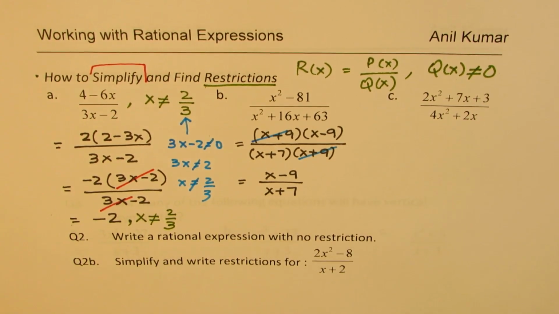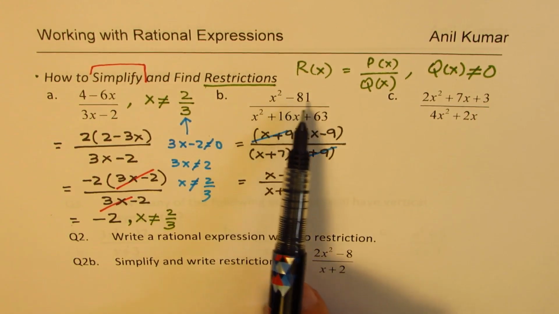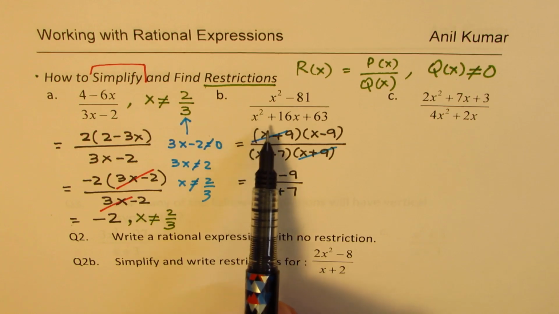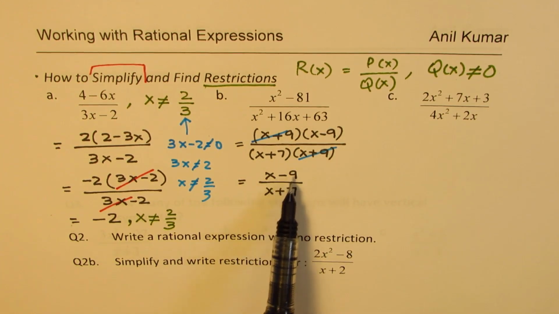Now sometimes the question is: is the expression x squared minus 81 divided by x squared plus 16x plus 63 equal to x minus 9 divided by x plus 7?